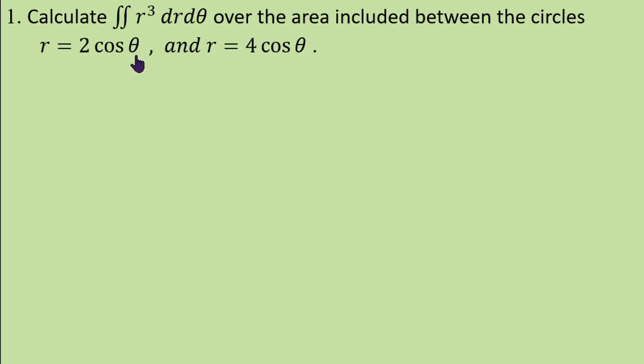When theta is 0, r becomes 2. That means in the initial line from 0 to 2. When theta is pi by 2, cos pi by 2 is 0. That means r is 0. Therefore, r varies from 2 to 0 when theta varies from 0 to pi by 2.